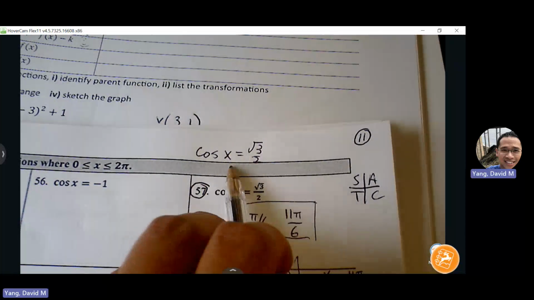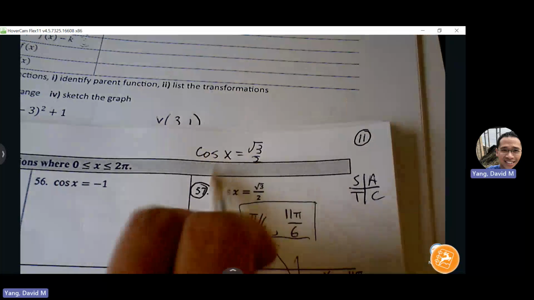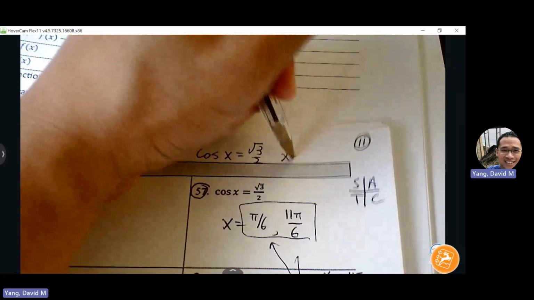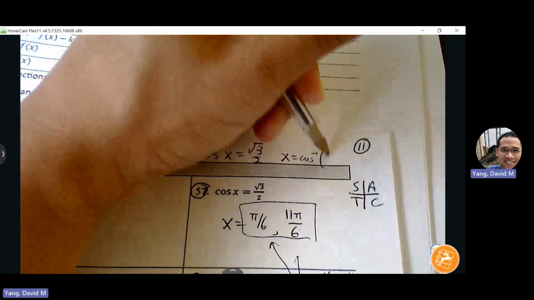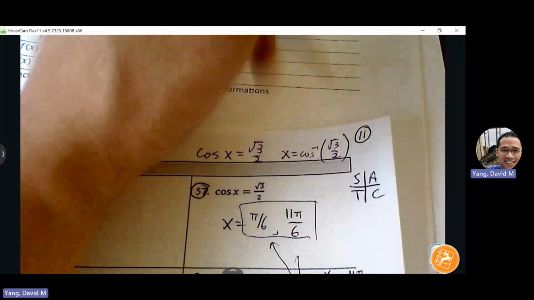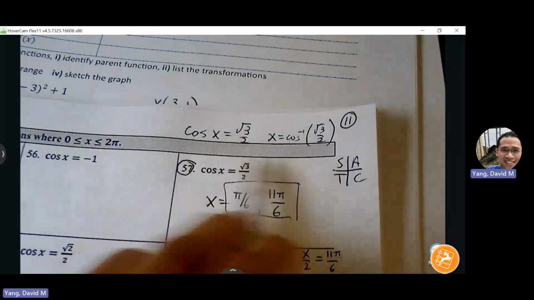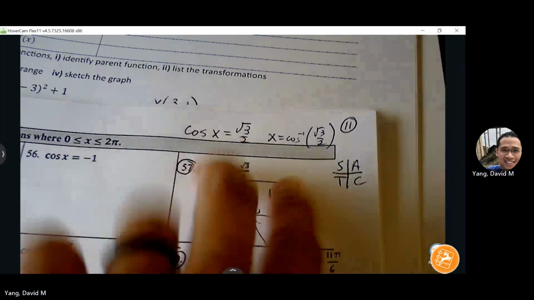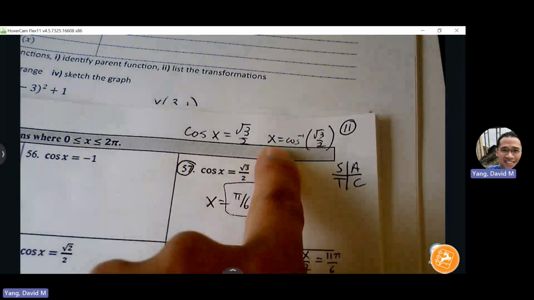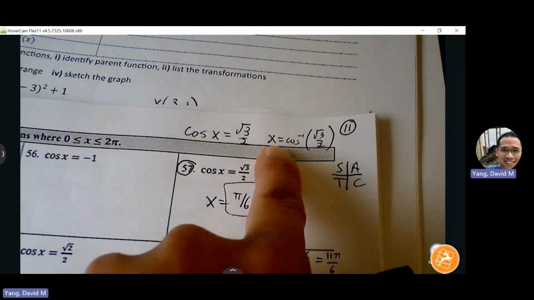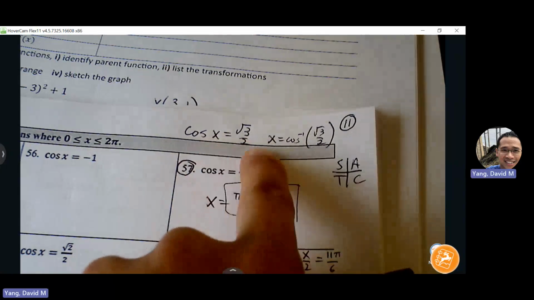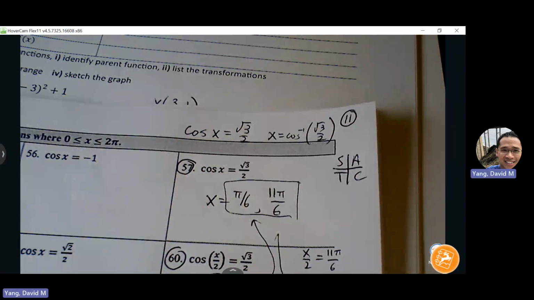Another way to write this is to get that x by itself and move that cosine over. So x is equal to inverse cosine of root 3 over 2. It's the same thing. It just allows us to rearrange that cosine in a different place, but these tell us the same thing, which is able to isolate the x in this instance. But x in both cases would be pi over 6.